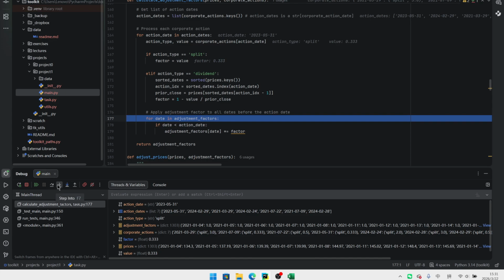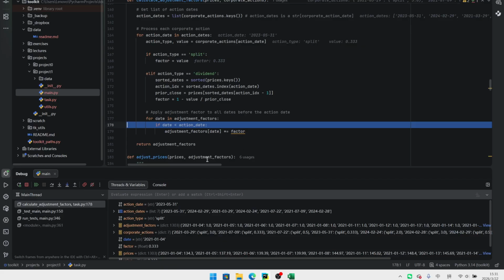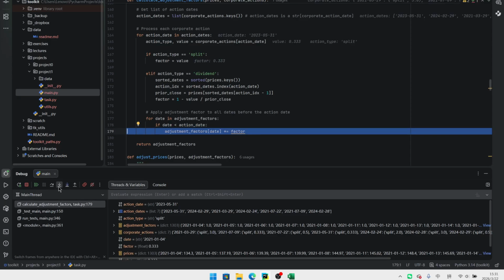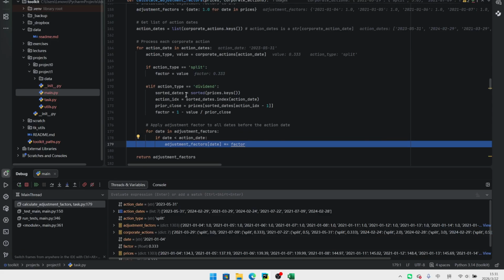So next, if the date is smaller than the action date, what is the date?